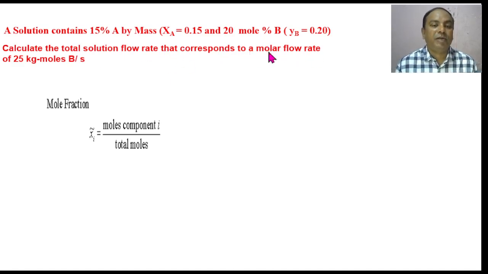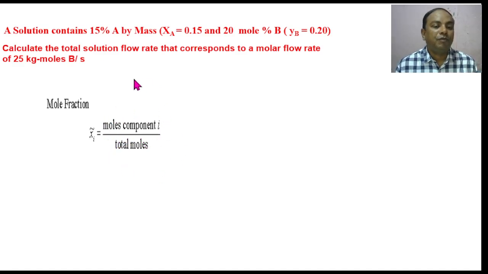This constituent's value is given in terms of moles, and that is why the total moles of the solution that is flowing is to be determined. So total moles is unknown to us.